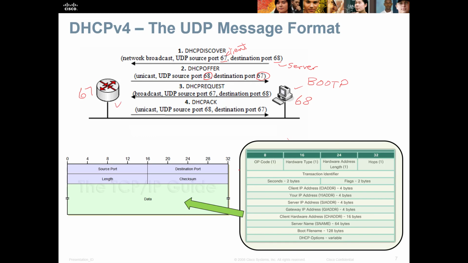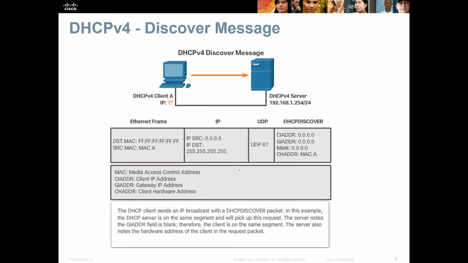Okay? Now, here's a couple of screenshots from your text, and you see here, now we've got the client on the left, sending to the right, a little confusing. This is the server's address, 192.168.124, okay? And this is the client's address. So when the client does the discover, he doesn't have an IP, right?